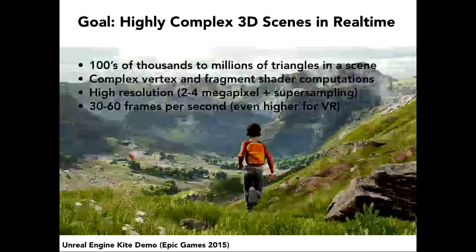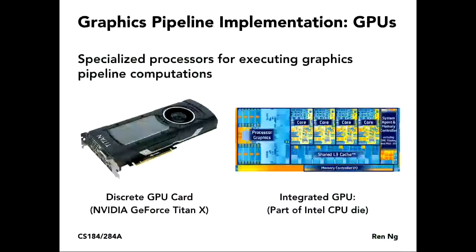You can express very general computations. And some of the goals are to do hundreds of thousands to millions of triangles in a scene, do very complex vertex and fragment shader programs, and generate pretty high resolutions. So 2 to 4 megapixels, maybe even 8 for 4K these days, and 30 to 60 frames, maybe even 90 frames for VR. And of course, that's possible because things have been really optimized in GPUs.